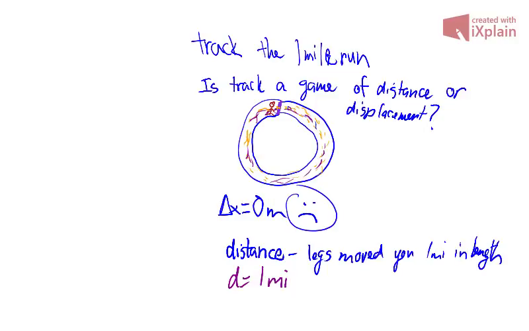Now let's have you try some. Let's think of sports. We'll give some that you might have already done and some you might not have. So we'll do a long jump. Distance or displacement?